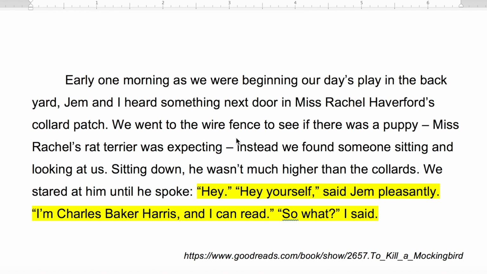Do you remember I said if you have a passage that contains quotation marks and dialogue, as in here, "Hey yourself," said Jim pleasantly. "I'm Charles Baker Harris, and I can read." "So what?" I said. They're having a conversation. If a passage contains a conversation in quotation marks, it will be a narrative passage.